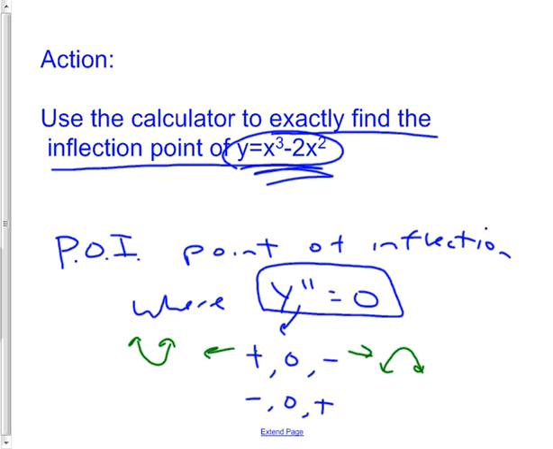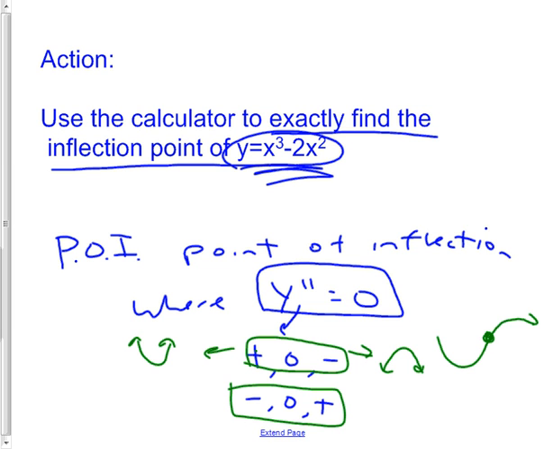So if it goes positive, 0, negative, that means it goes concave up to concave down, and there would be my point of inflection. And if we have negative, 0, positive, that means concave down to concave up, looking like this. That would also be my point of inflection.